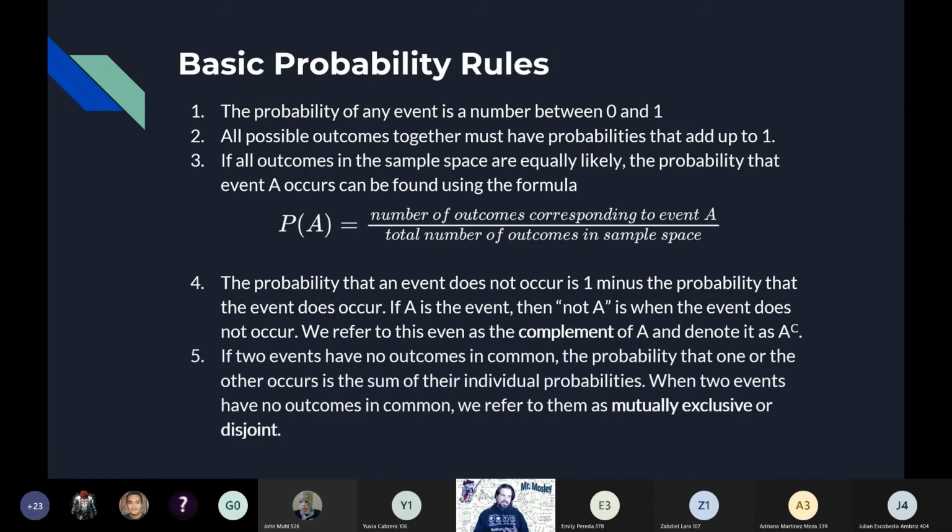And number 5, if 2 events have no outcomes in common, the probability that one or the other occurs is the sum of their individual probabilities. When 2 events have no outcomes in common, we refer to them as mutually exclusive or disjoint. Okay.